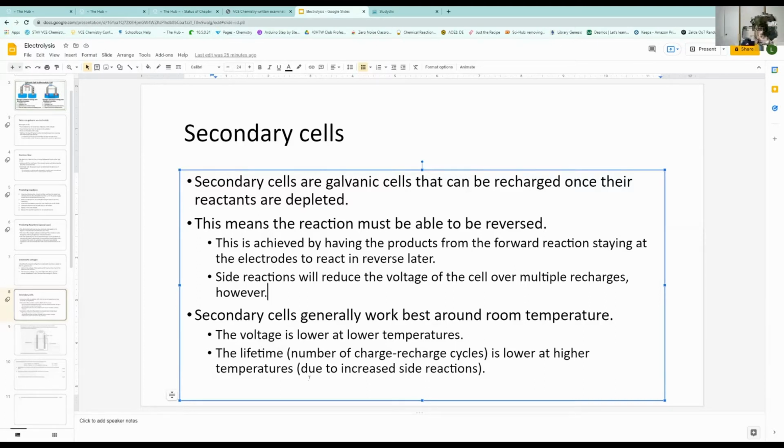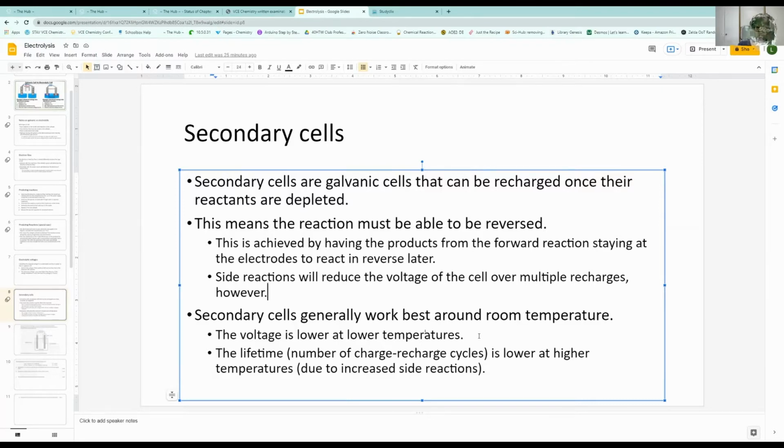As we know, rate is increased by increasing the temperature. It'll tend to increase the rate of side reactions. It also means that there's more energy available, so it'll push towards any endothermic reactions that are going to happen there, and it'll also give enough activation energy for some of those side reactions to happen more often potentially. So in terms of temperature, most batteries are designed to work around room temperature.